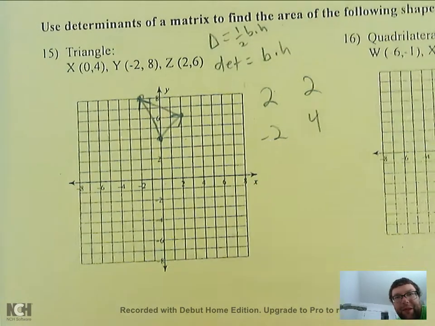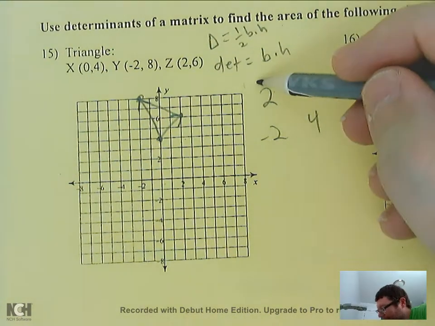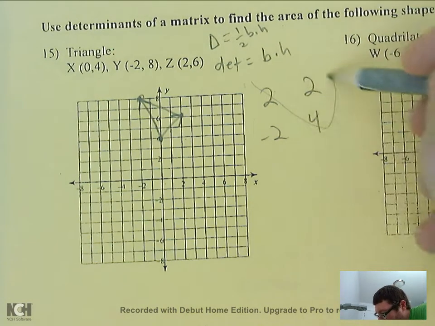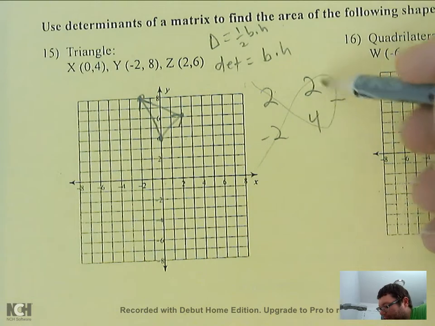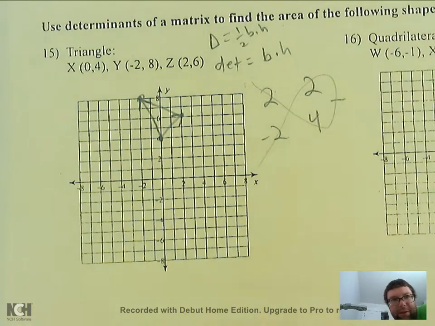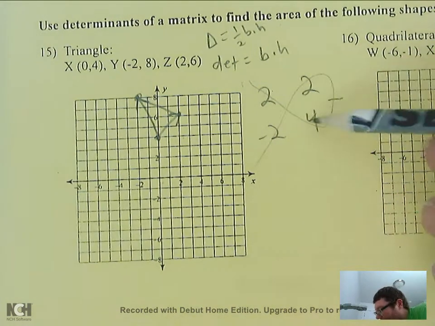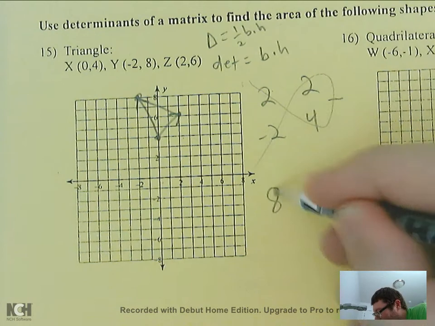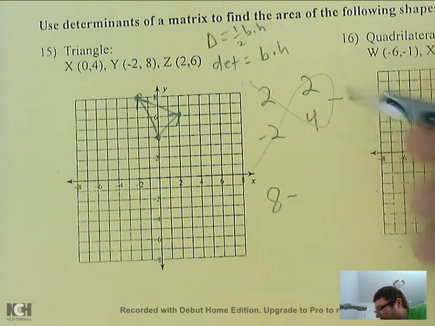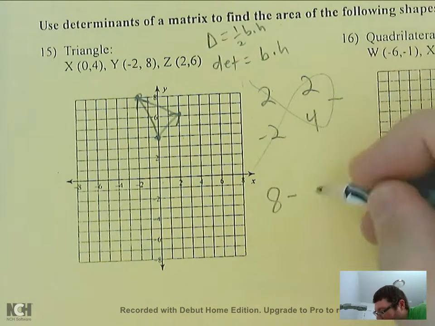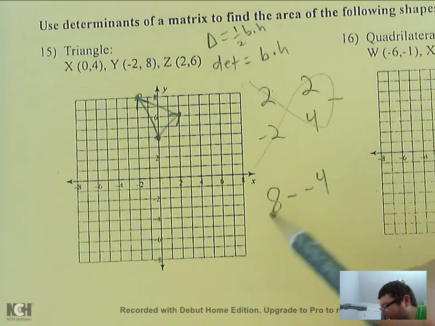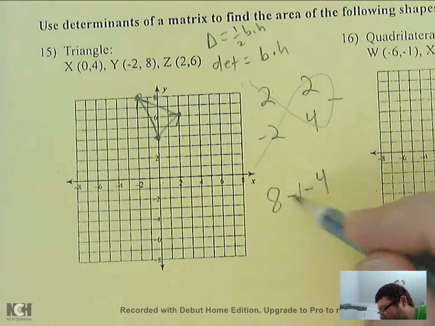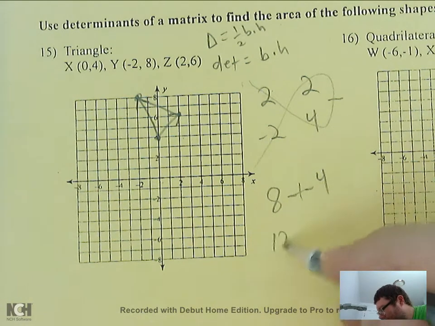And again, to find the determinant, it's just the fish. You do the first and last multiplied together minus the second and the third. So 2 times 4 is 8, and then you minus 2 times -2, which is -4. Now, 8 minus a -4, again, you add, would be 12.